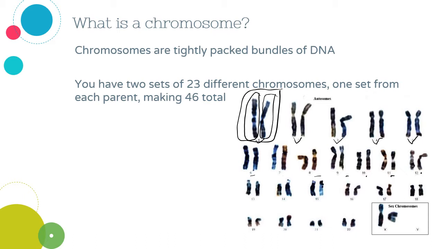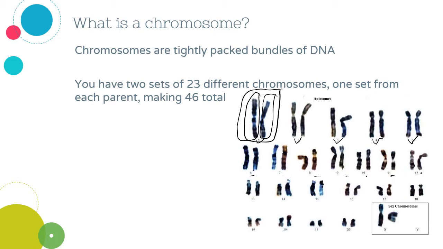When I teach about DNA and proteins in biology, I tend to think of this as IKEA. So your whole body is an IKEA, right? And you have all of these different rooms, and you have instructions for how to build everything in each of those different rooms. So each little instruction manual for a different part is coded for by a gene. And those genes are within these larger organized regions called chromosomes.